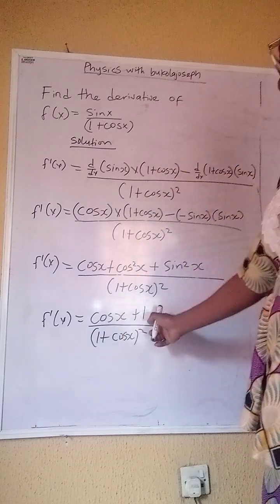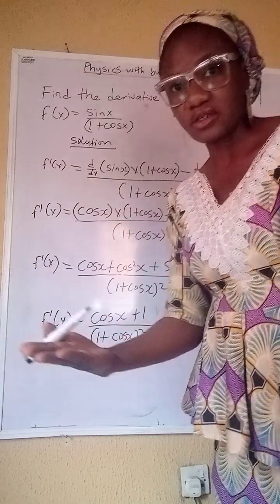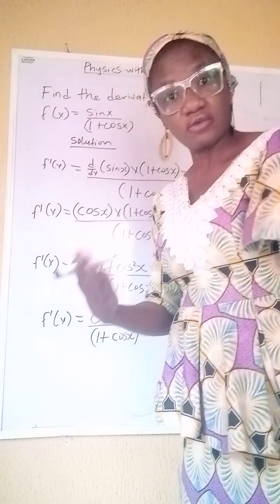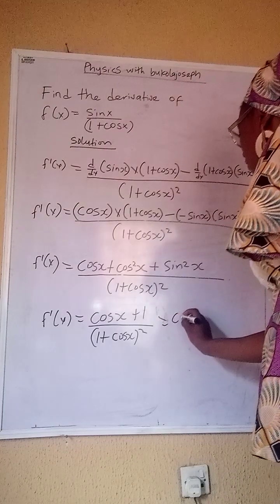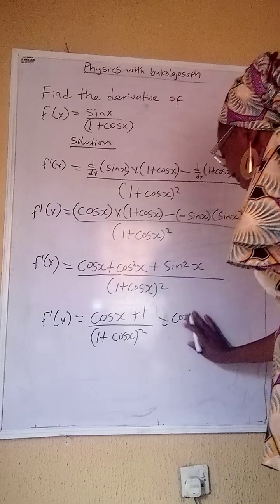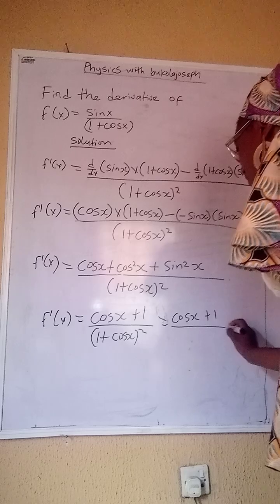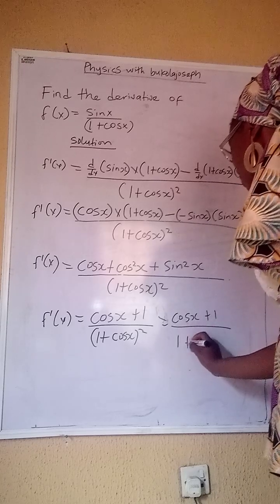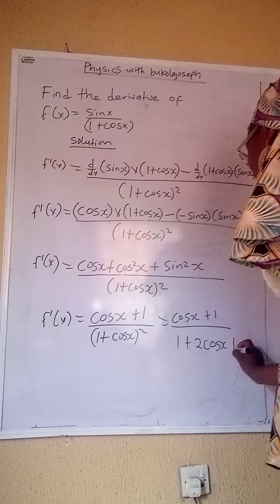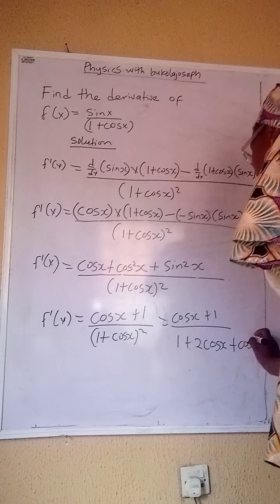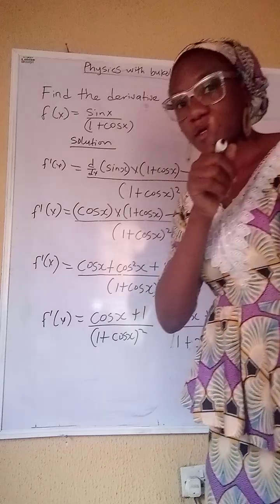If you so wish, you can expand the denominator. If we do the expansion of the denominator, we'll arrive at this answer. We have cos x plus 1 all over 1 plus 2 cos x plus cos squared x. You still remember this formula?